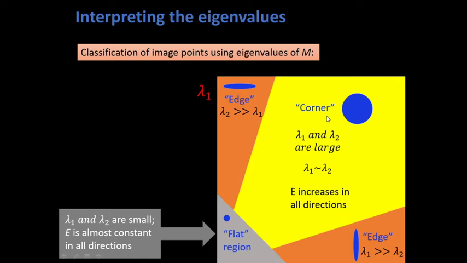And for the corner case, in the M matrix lambda 1 and lambda 2 should both be very large. That means E increases in all directions. What is E here? It is the intensity change for the shift of u comma v for a given mask.